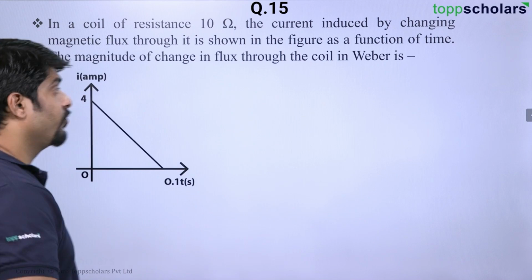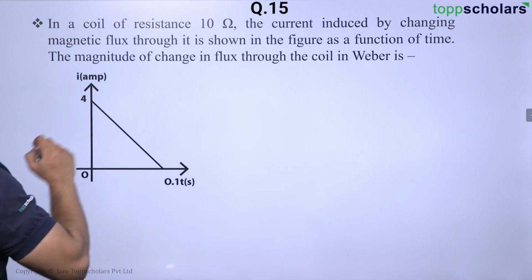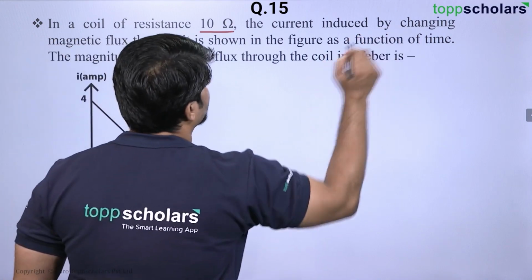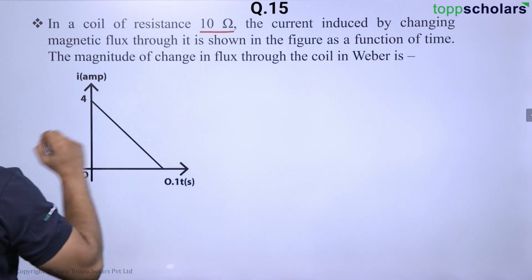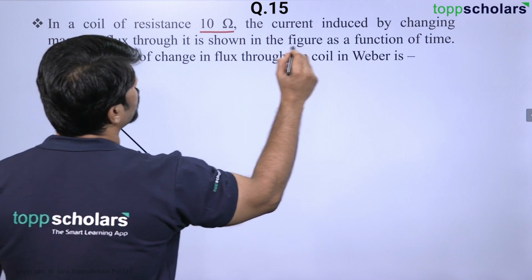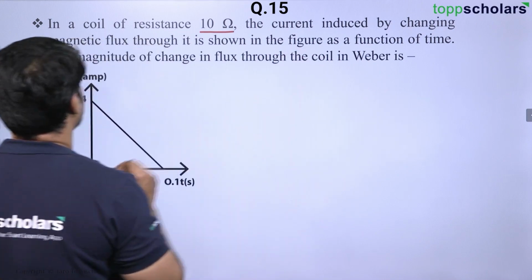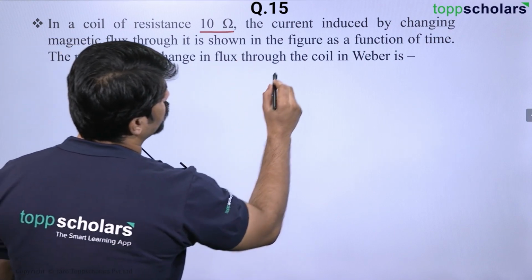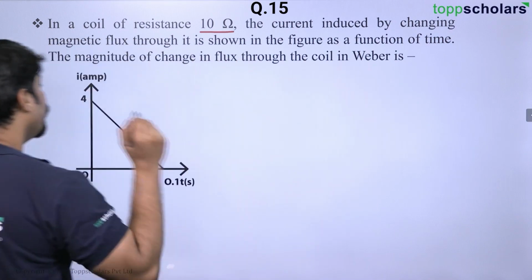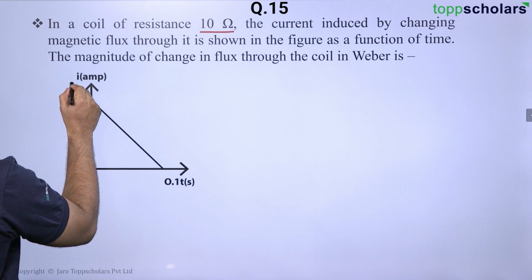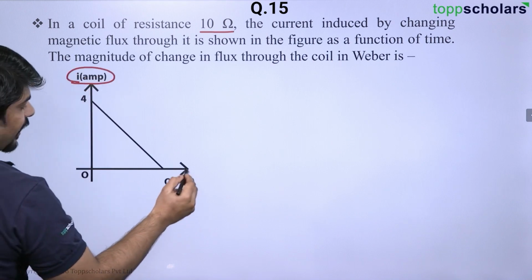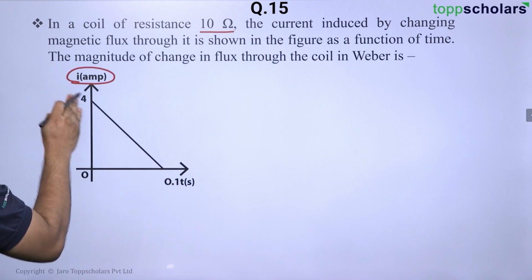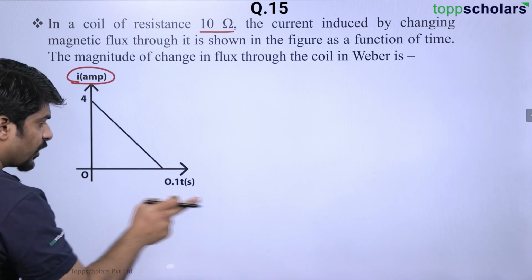So here is another question. In a coil of resistance 10 ohm, the current induced by changing magnetic flux through it is shown in the figure as a function of time. The magnitude of change in flux through the coil in Weber is what? Here you can see we have current on one axis and time on the other, and this is the graph of how current is changing with respect to time.